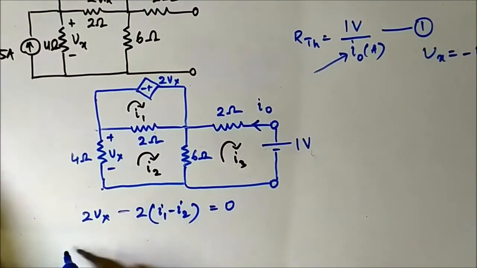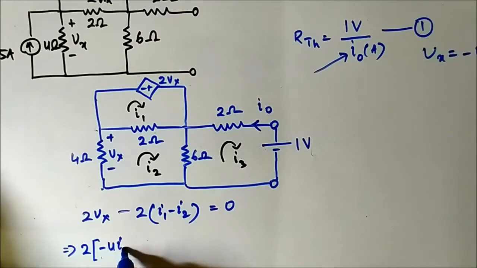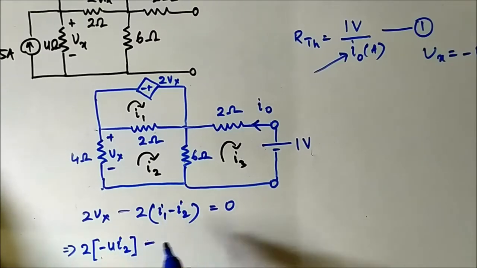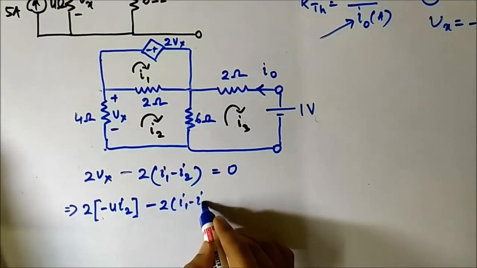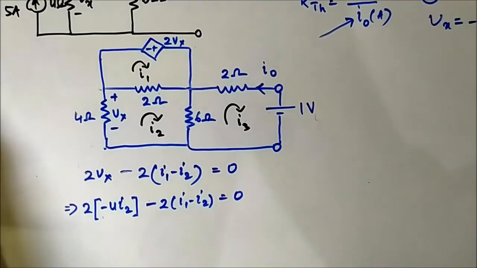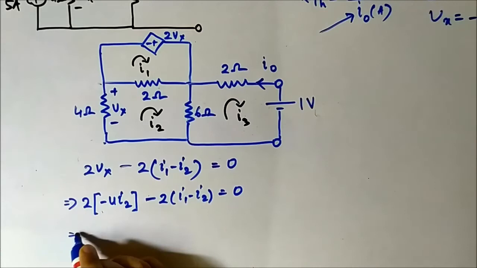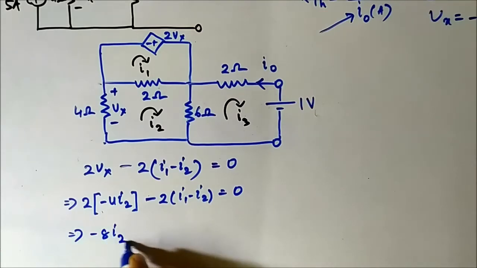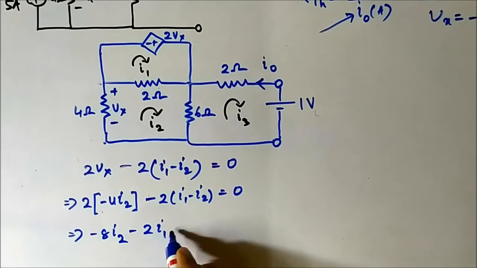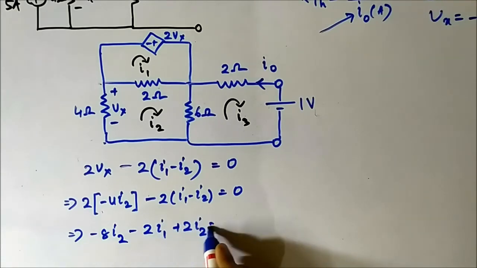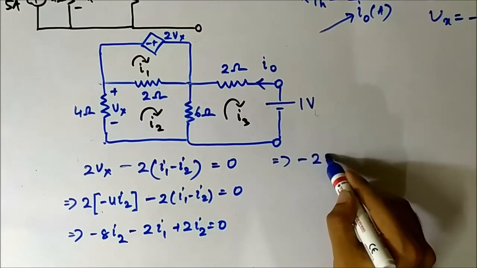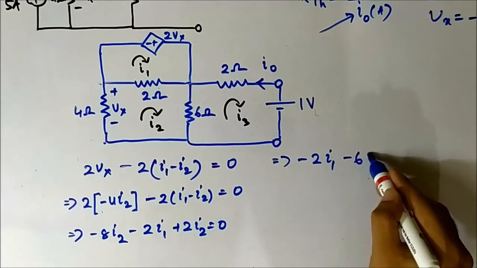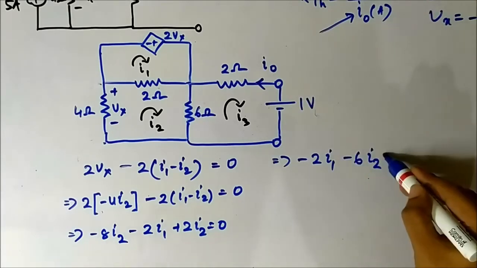So we'll substitute Vx with 4I2, which is 2 into minus 4I2 minus 2 into (I1 minus I2) is equal to 0, or it will be equal to minus 8I2 minus 2I1 plus 2I2 is equal to 0, or we can write it as minus 2I1 minus 6I2 is equal to 0.